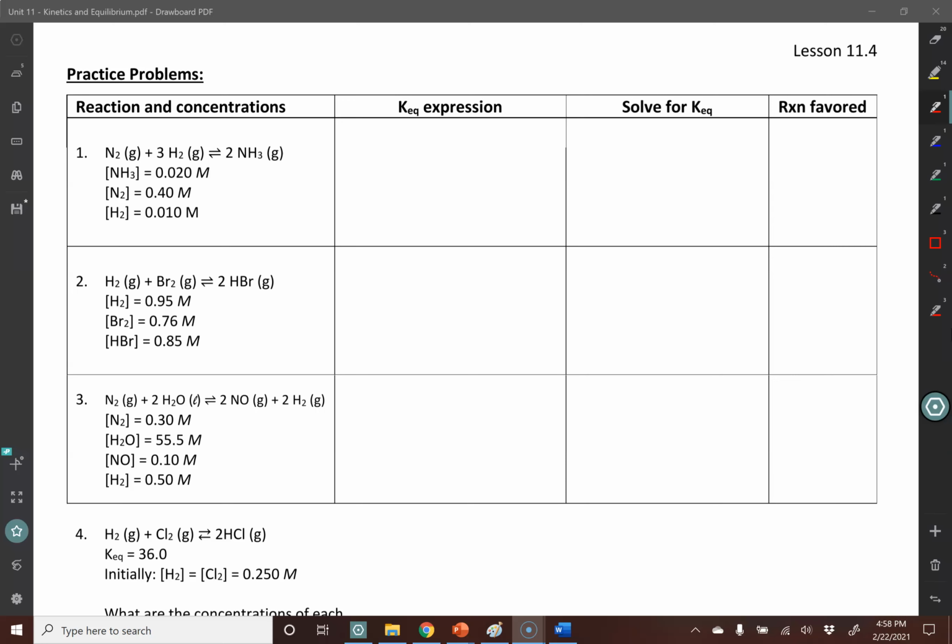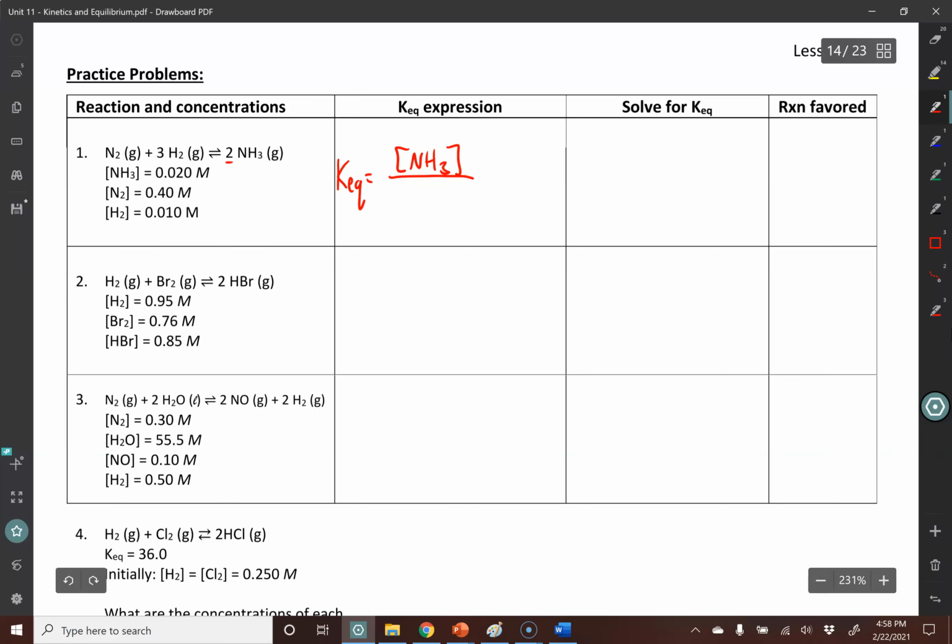All right, let's take a look at reaction number 1. We've got nitrogen and hydrogen in a reversible system with ammonia. So we're asked to write the Keq expression. That is basically to put products over reactants and keep numbers out of it, with the exception of those coefficients turning into exponents. So I would write Keq is equal to the concentration of my product, in this case just ammonia, NH3.